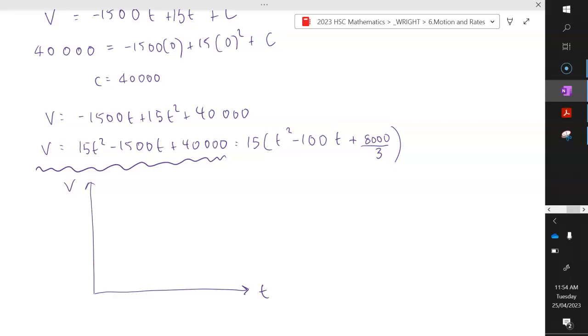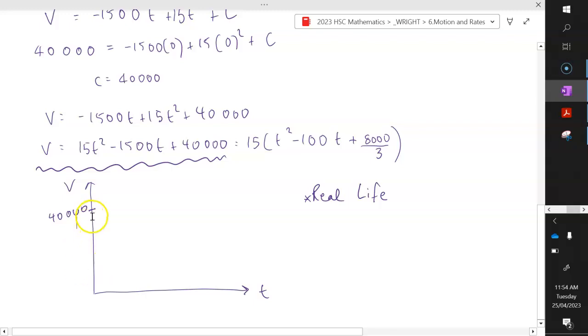So it's just going to be a quadratic equation, but we need to understand that this is a real life example. Okay, so we need to put in the factors that are affecting that graph in real life. And our factors were that at time equals 0, our function had a volume of 40,000 litres. That's important, okay, because we don't have negative time.